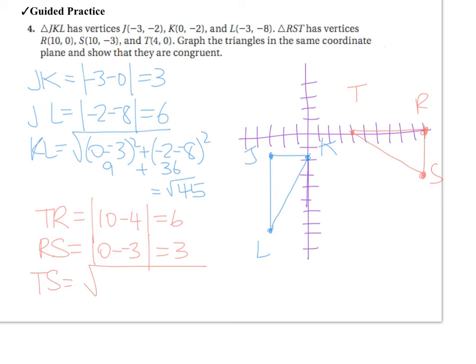Square root of. So we get 36 here and 9. So they are congruent side, side, side. And that's how we show that. Just showing that everything is congruent.